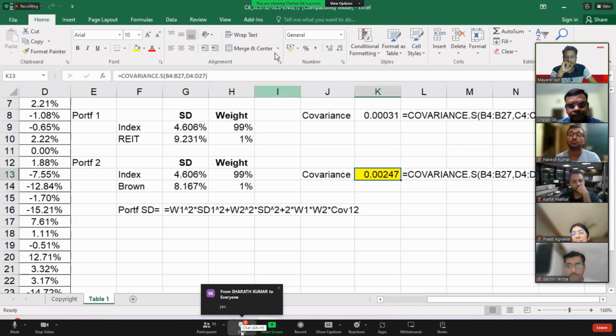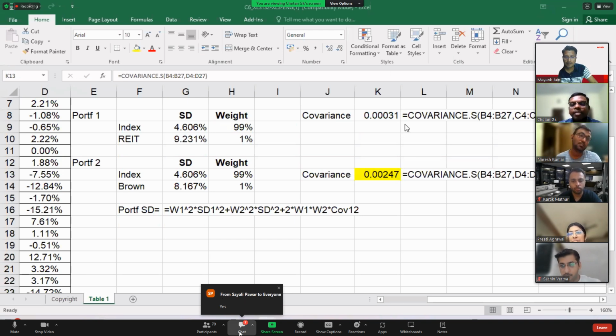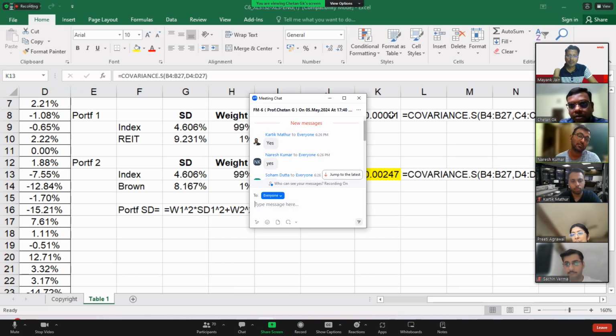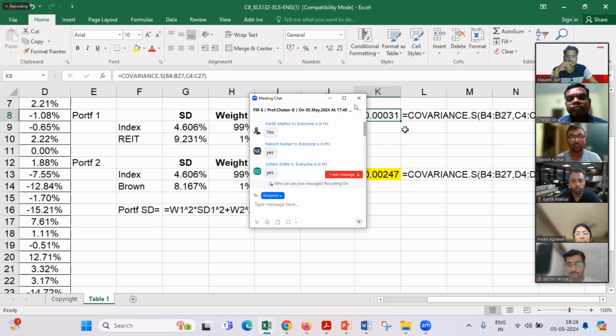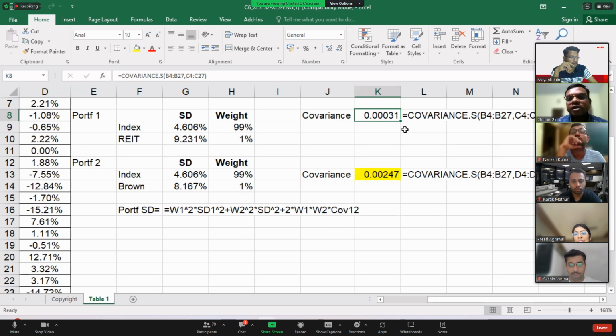Okay. Karthik, done, sir. Soham, Asif. Okay, so done, right? What is the literal meaning of this covariance? Yeah, I'm going to explain that. Covariance tells you, if one particular security is moving up, whether the second security is also going to move in tandem with it or not.